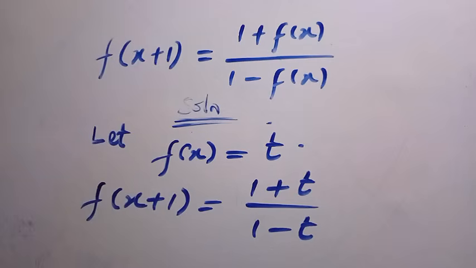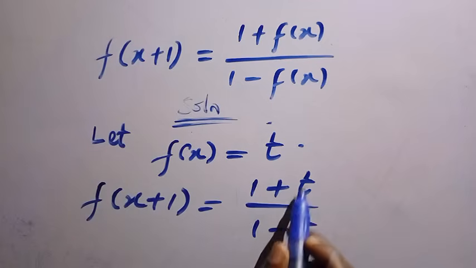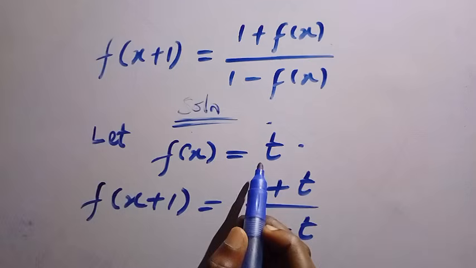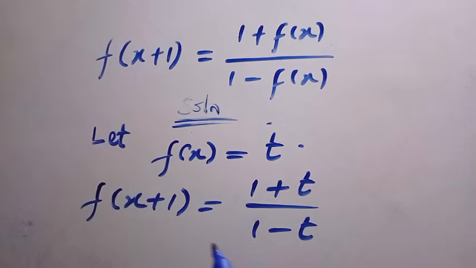And at what point is f periodic? From the first one here, f(x+1) = (1 + t) / (1 - t). If you consider this output, we know that it does not equal t. To know that f is periodic, we change this to f(x+2) and get a certain output.